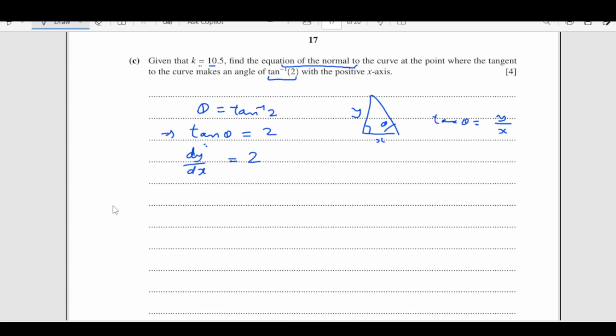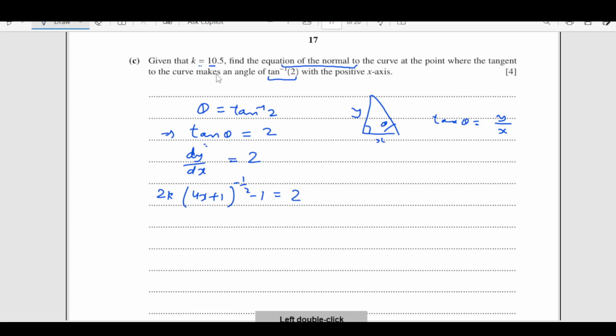Now, from the first part we have dy over dx is 2k into 4x plus 1 power negative half minus 1, and this was equal to 2.